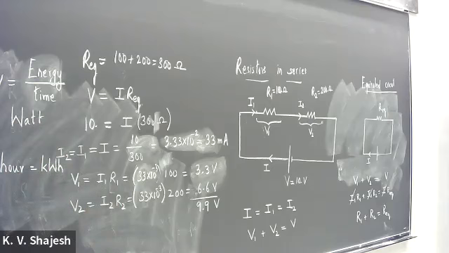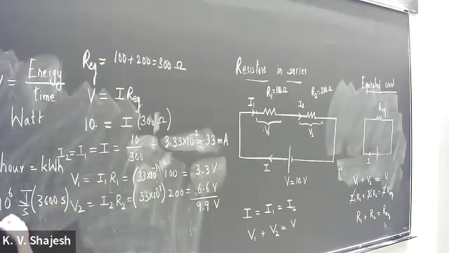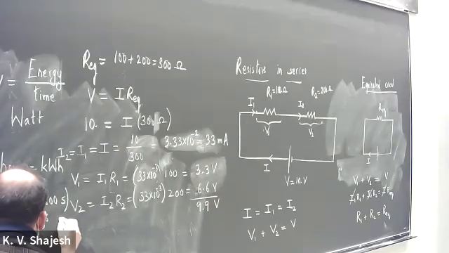Kilo is 10 raised to 3. Watt is joule over second, and 1 hour is 3,600 seconds. So that's 3.6 into 10 raised to 6 joules.